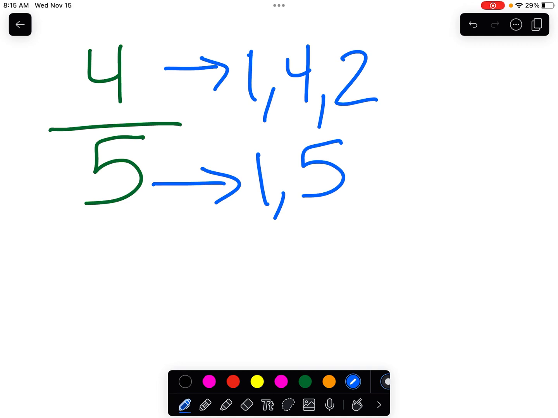What do you notice, guys? You notice that 1 is the only common factor. You know what that means?